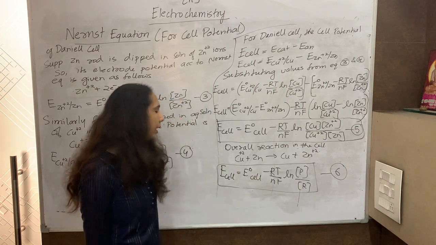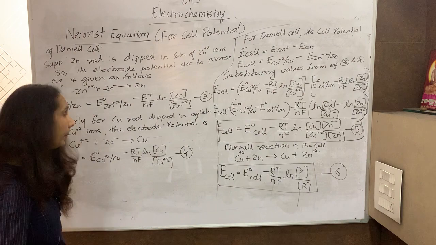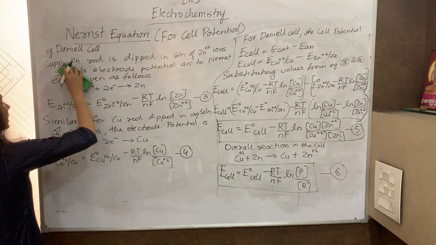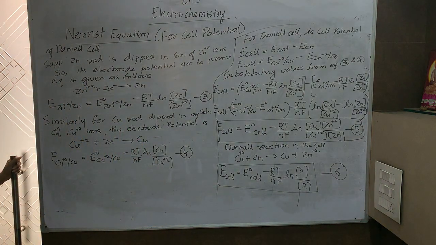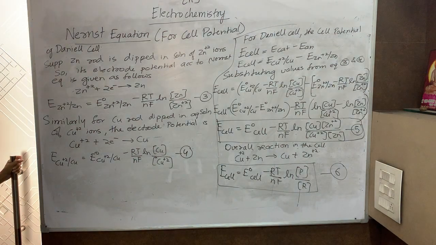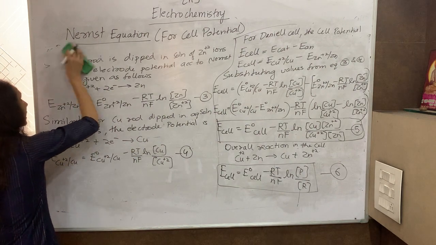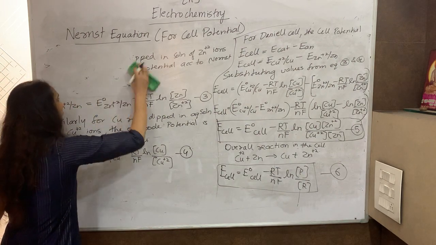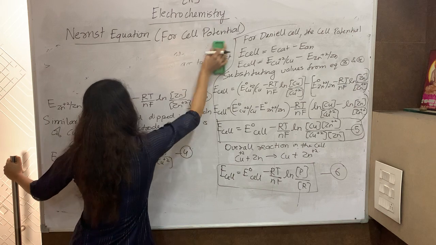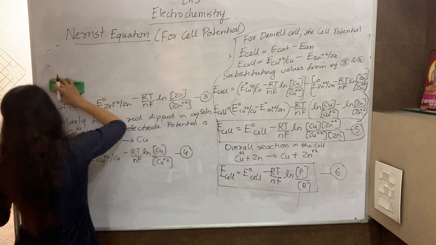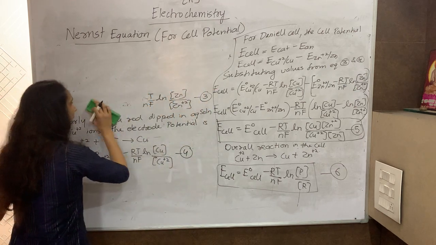So this is our Nernst equation for the cell potential, and as we had substituted the values for R, T, F and Ln for the electrode potentials, in the same way if I substitute the values, the simpler equation that can be used to solve the numericals will be given like this.